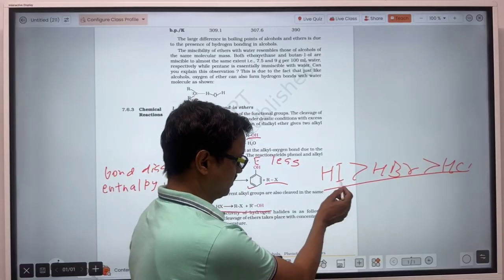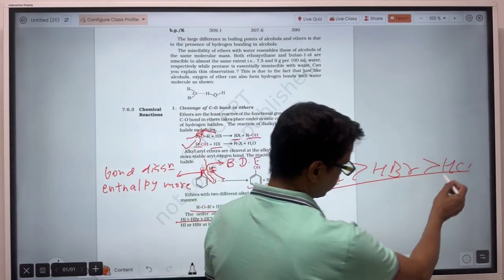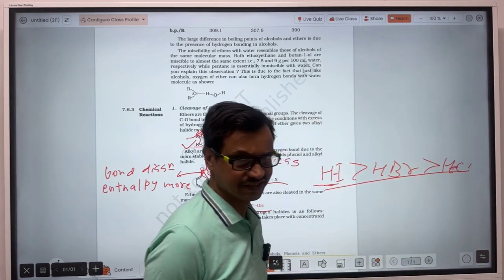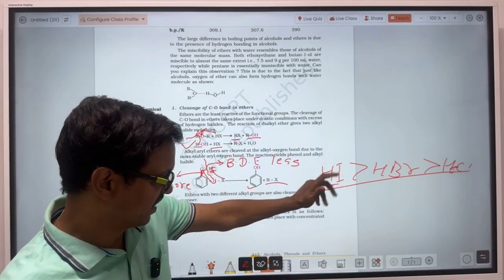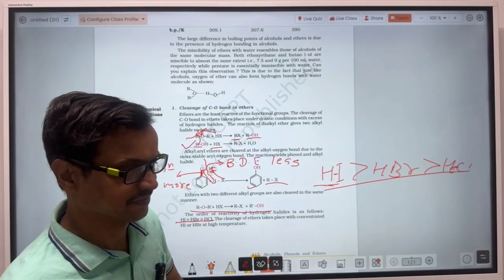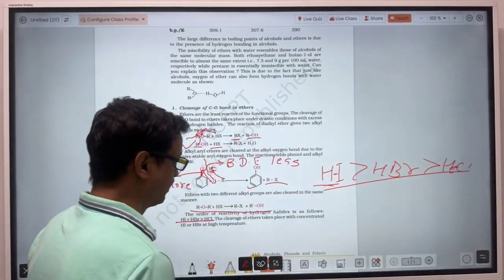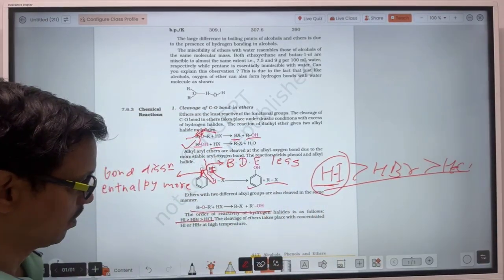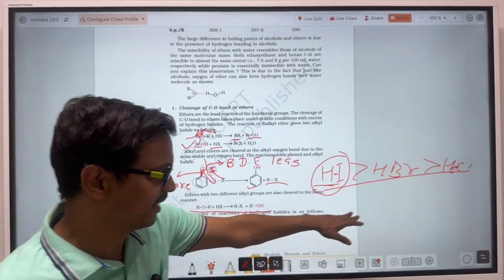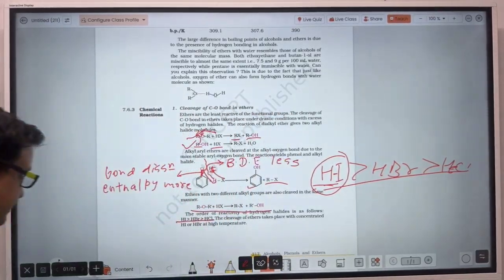Because in HI the bond dissociation enthalpy will be least, and in HCl the bond dissociation enthalpy will be highest. So HI will cleave very easily into hydrogen and iodine compared to HBr or HCl. That's why everywhere the order of reactivity of HI will be maximum, and among these three, HCl will be least.